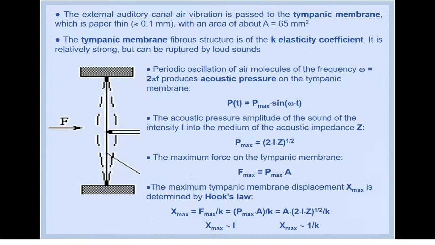And let's look in more detail to complete this consideration of the physics of sound perception. Into the outer ear, the external auditory canal, air vibration is passed to the tympanic membrane, which is paper thin, look, 0.1 millimeter, with an area of about 65 millimeters squared.